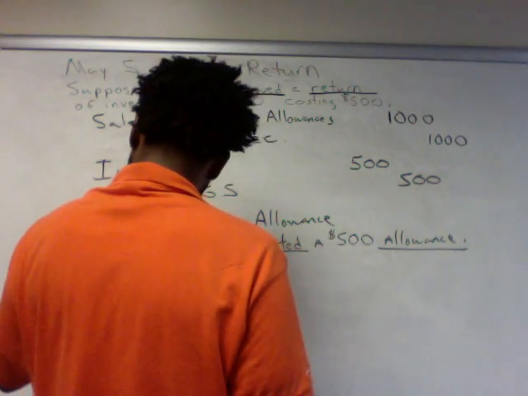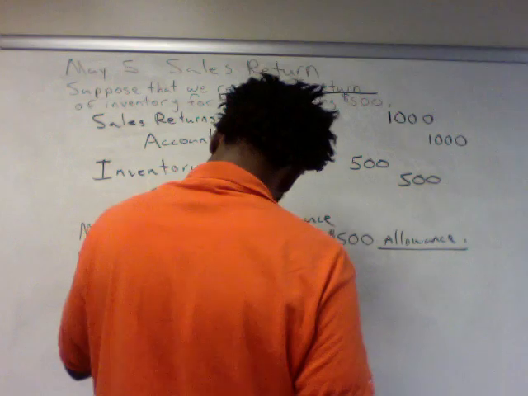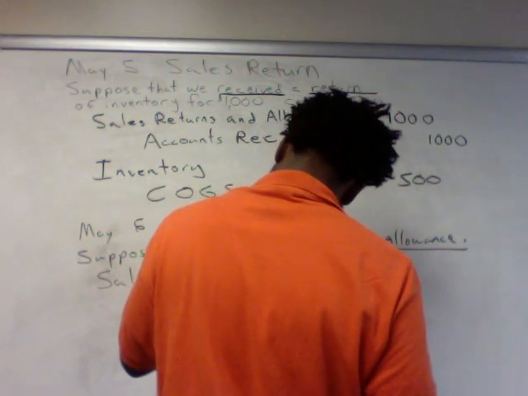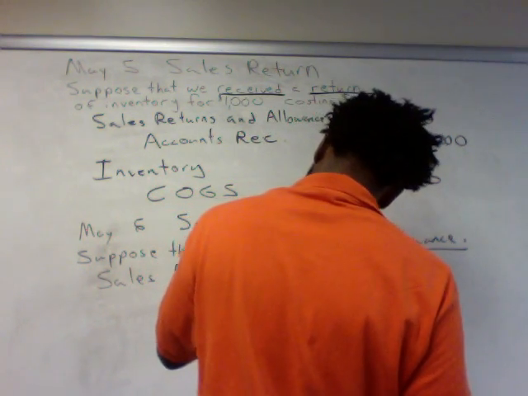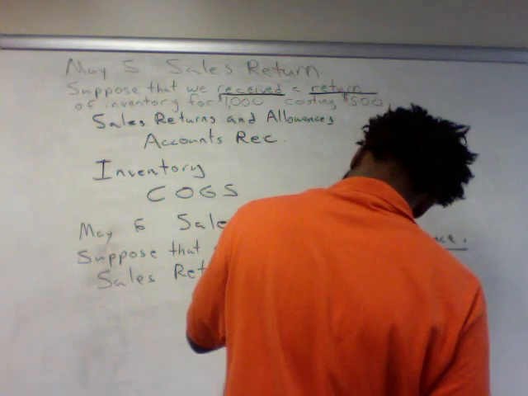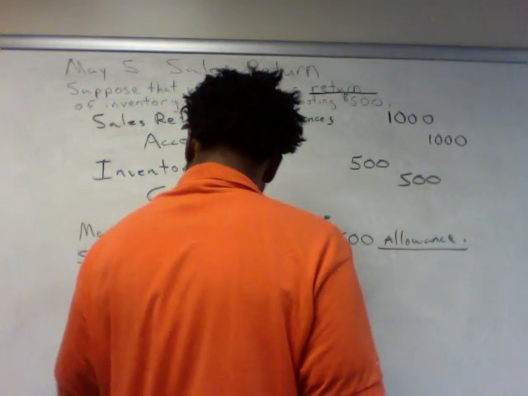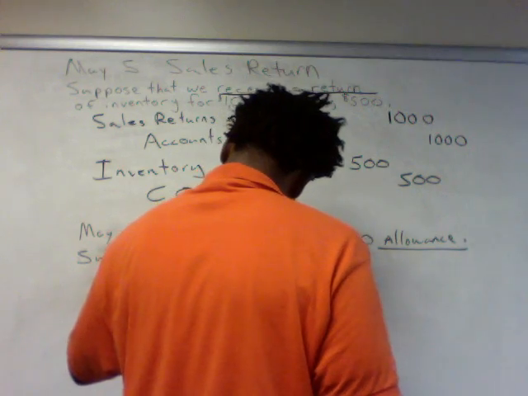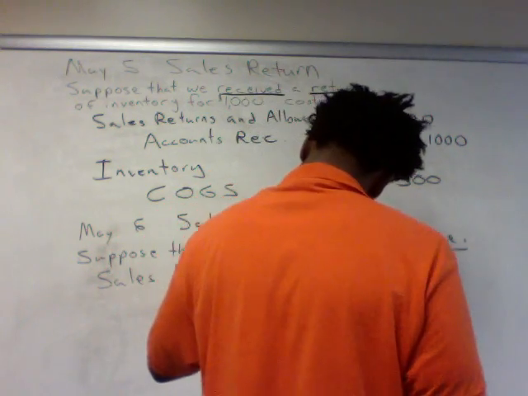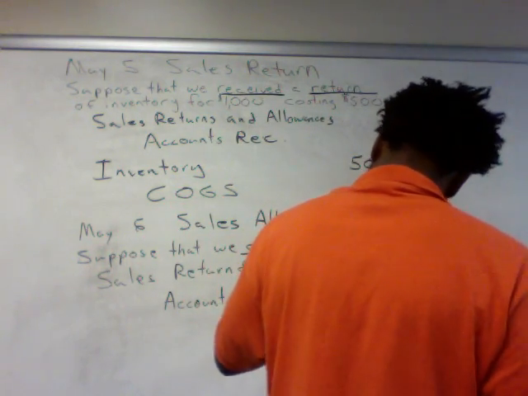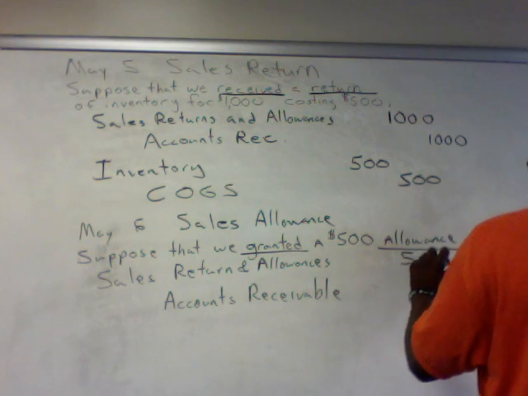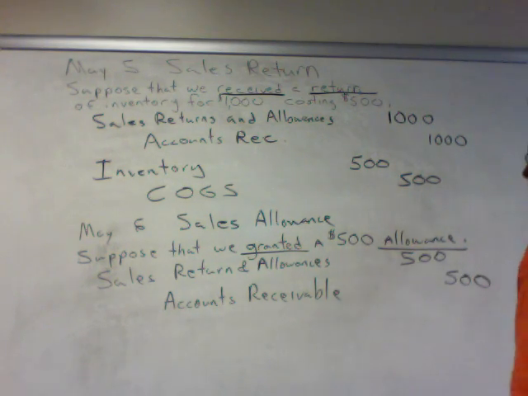So we're going to debit sales return and allowances, and we're going to credit accounts receivable. There's only one number here, so it's very easy. $500. All right?